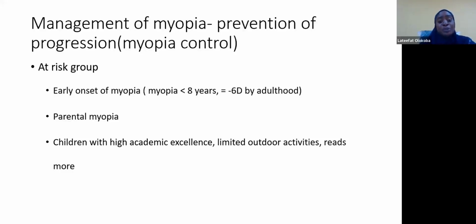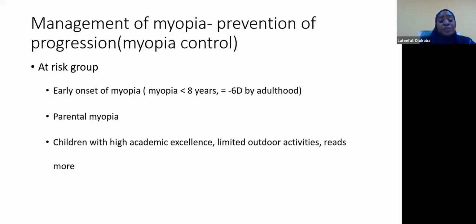Some children that are particularly at risk of progression are those that develop myopia at an early age. Studies have shown that when the child develops myopia before the age of 8 years, then the likelihood of progression to high myopia of -6 by adulthood is very high.